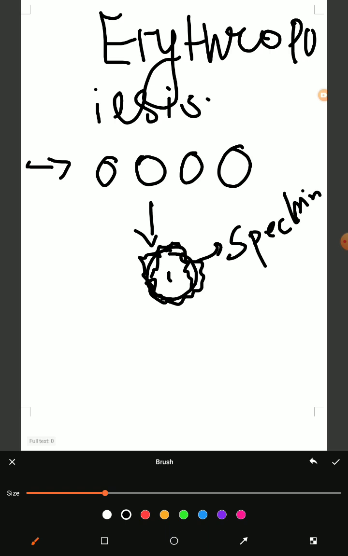And inside the RBC cell there is a molecule which has a very high level of functional significance, and that is known as hemoglobin.